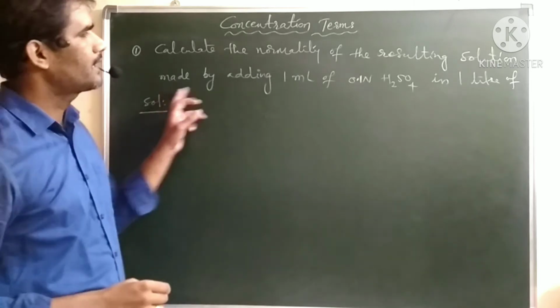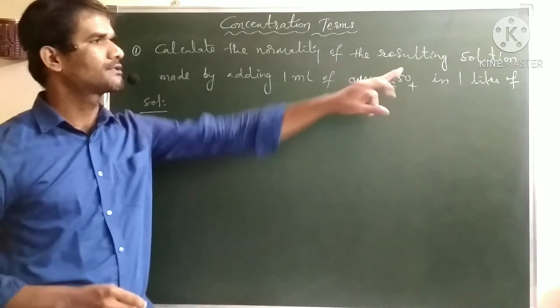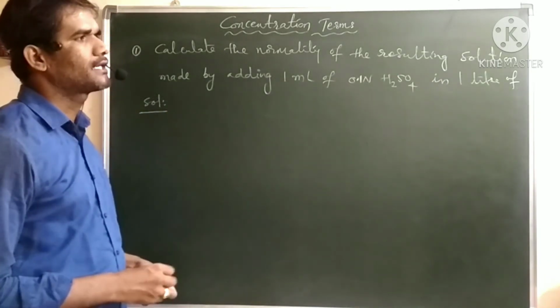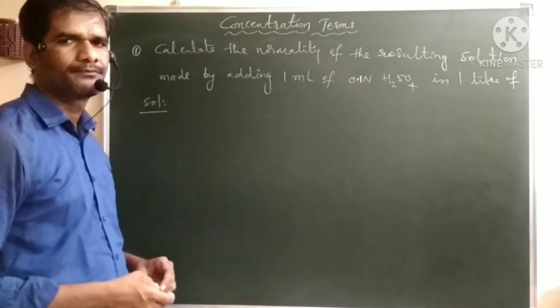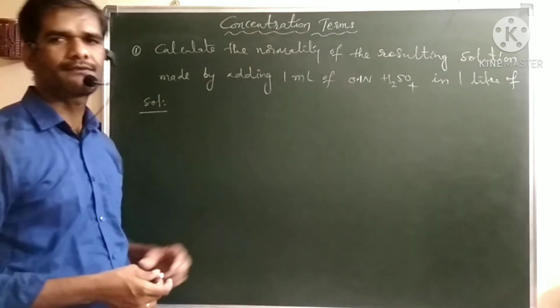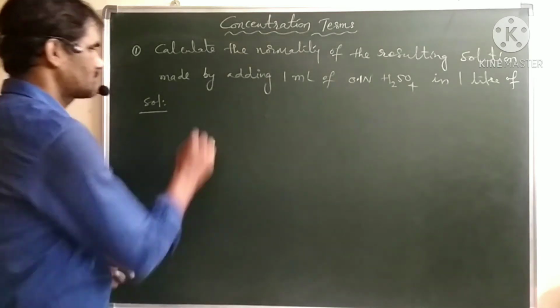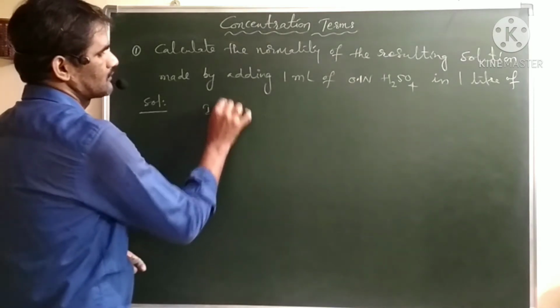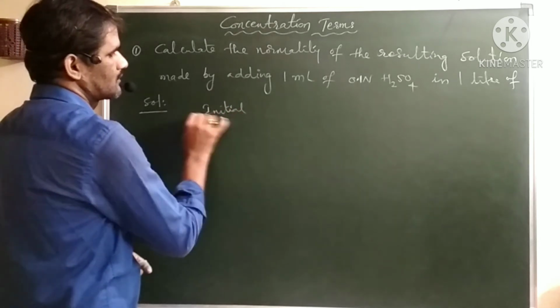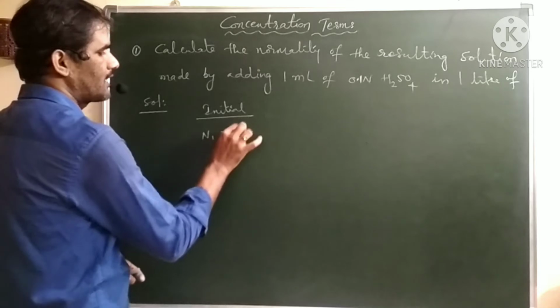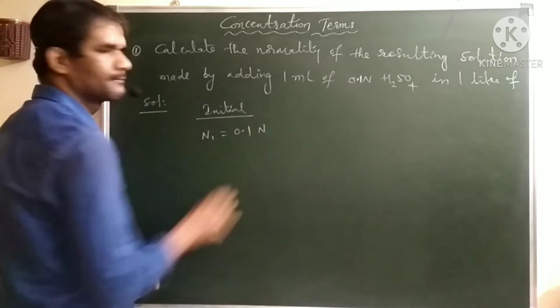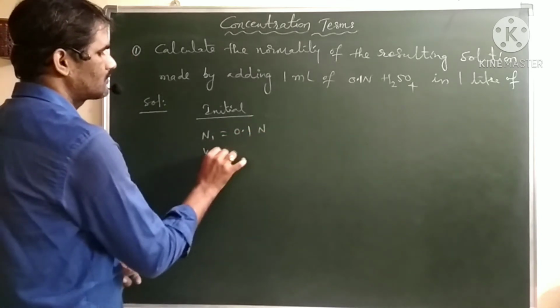Here 1 ml of 0.1 normal H2SO4 is added to 1 liter of water. Then what is the final concentration of H2SO4? Initially, H2SO4 has normality N1 of 0.1 normal and the initial volume is 1 ml.